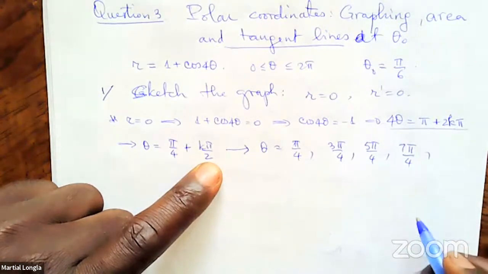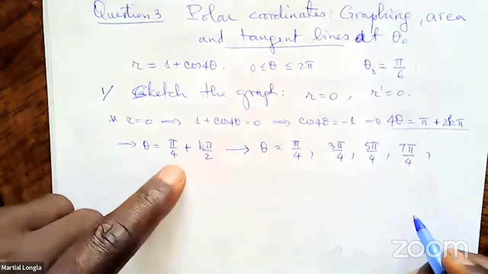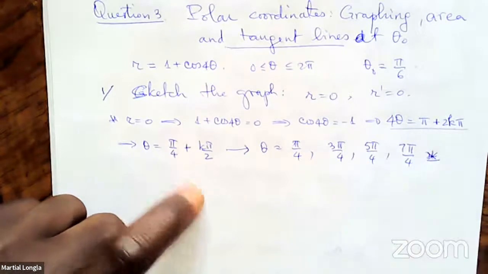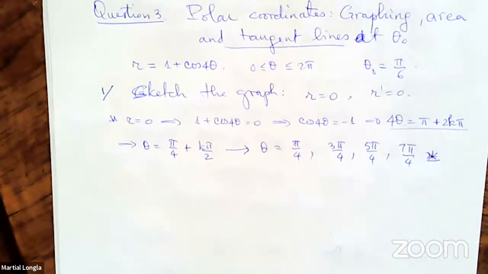That is still less than 2 pi. And when k is 4, you get 2 pi plus, so it's larger than 2 pi, so you don't want to get there. So that's it. You have 4 numbers. So there are 4 angles along which the radius comes back to 0. Because at those points, the radius is at 0.